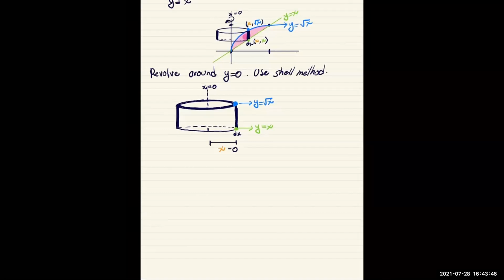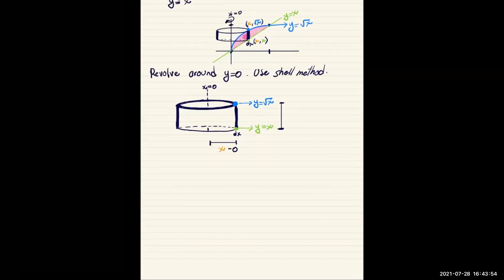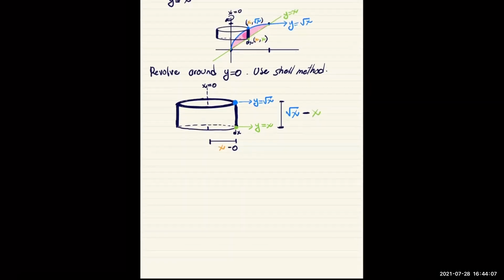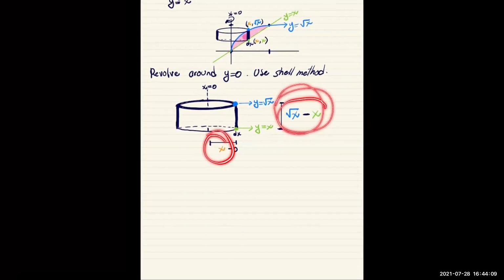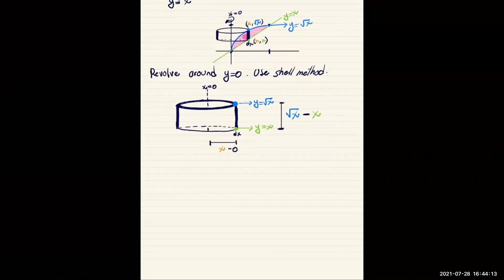Okay, so now we are able to get the height of the shell. The height of the shell is always top y minus the bottom y. That's square root of x minus x. That gives you the height of the shell. That's the height. We have the radius, and that's all you need to set up the integral.